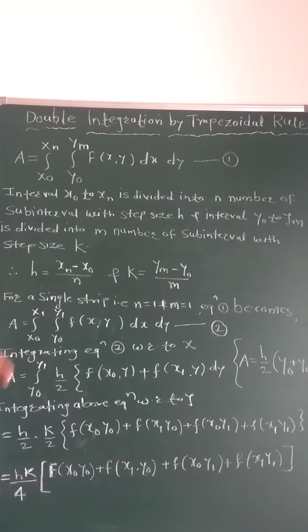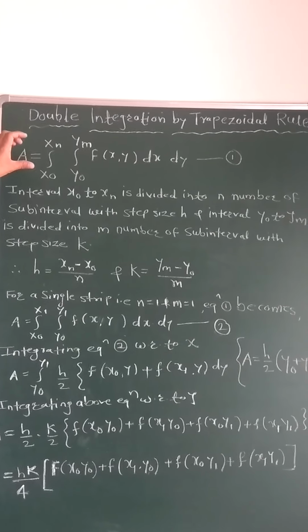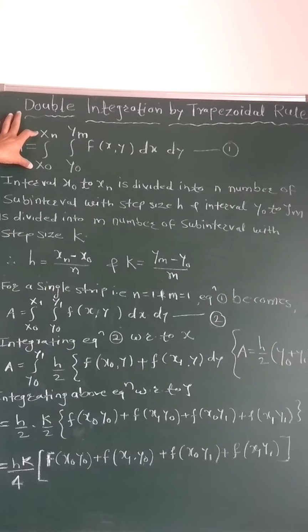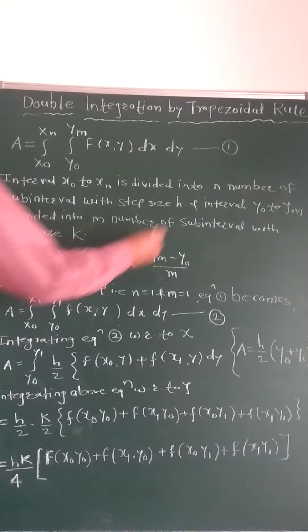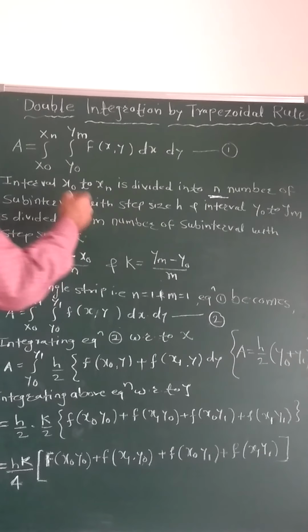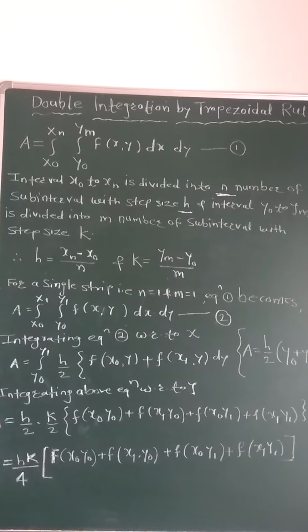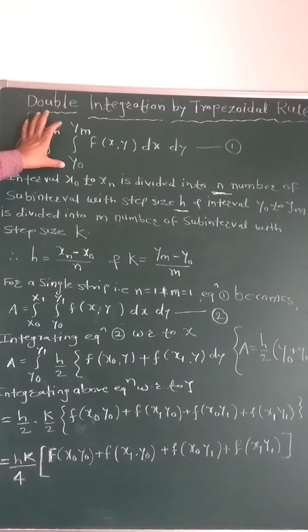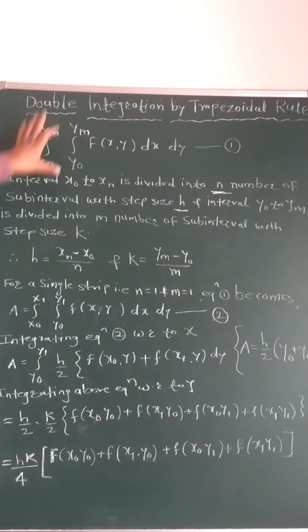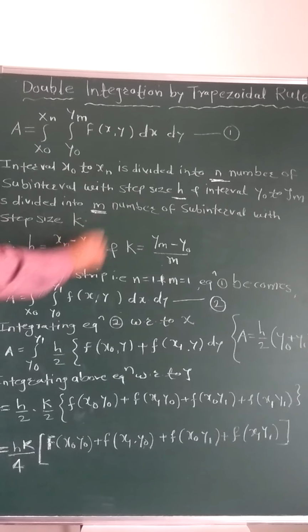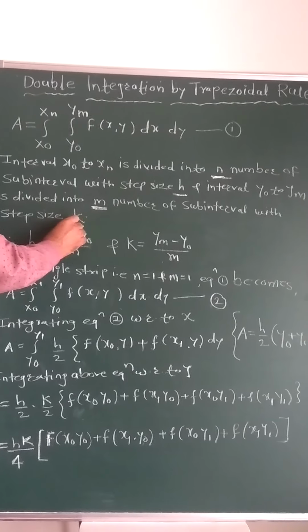Now the first interval, that is x0 to xn, is divided into n number of sub-intervals with step size h, and the second interval, that is y0 to ym, is divided into m number of sub-intervals with step size k.